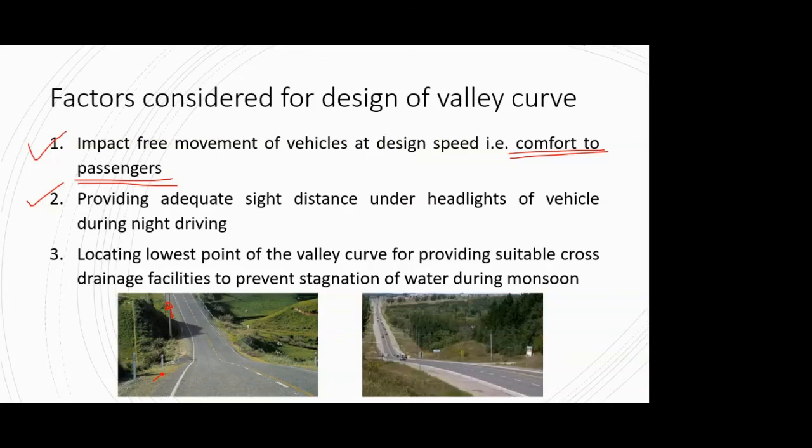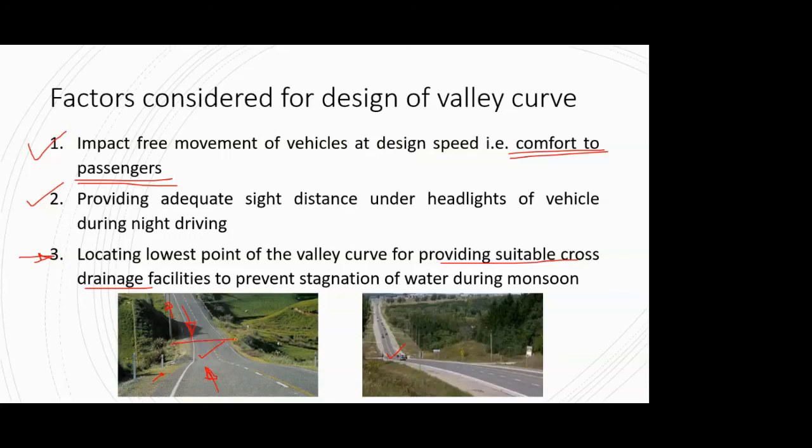And the third important factor, which is commonly neglected in India and in many cases, is the valley point, or the lowest point in the valley curve. You have to locate that properly, and after locating it, you have to provide cross drainage facility, because during runoff the water is going to flow over the surface and accumulate at the lowest point of our valley curve.